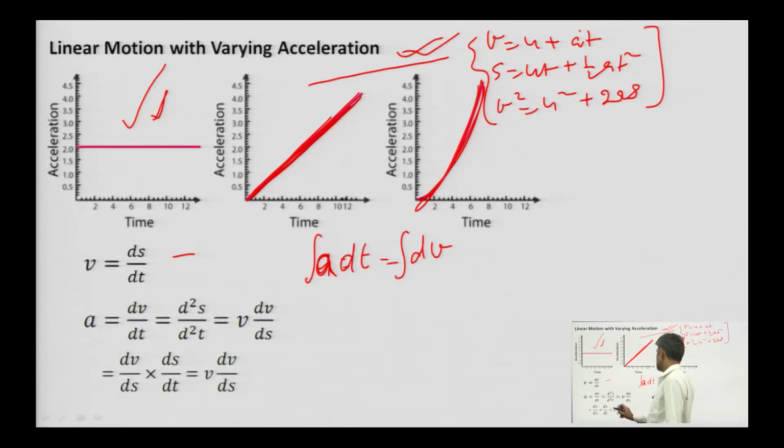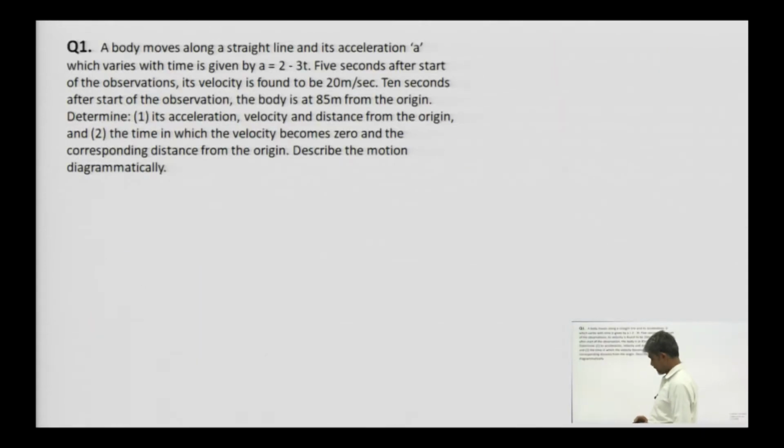If we use a is equal to v into dv by ds, then from here we get ds is equal to v into dt. Here v is varying.